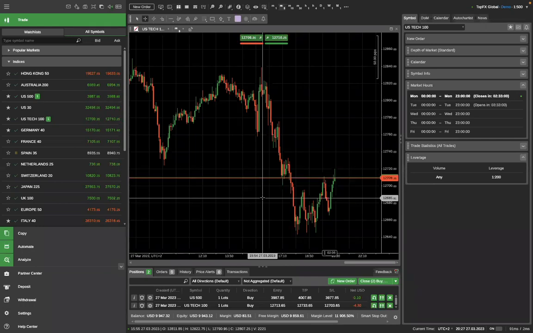You can use technical analysis, you can use fundamental analysis, you can use a mix of both of them. The most important thing is that you will be well informed and educated about the possibilities that trading CFDs on the indices gives you here at TopFX.